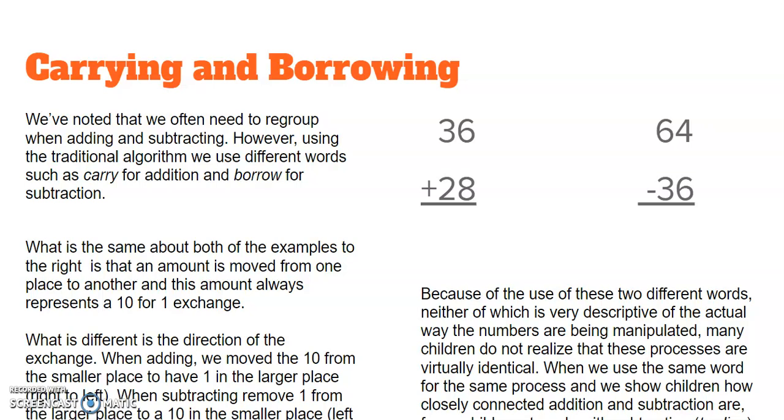And that leaves us with 5 tens minus 3 tens. It's this process that children need to realize are very identical. They are just the inverse. And a thorough understanding of how those numbers are being manipulated will allow you to complete mental addition.